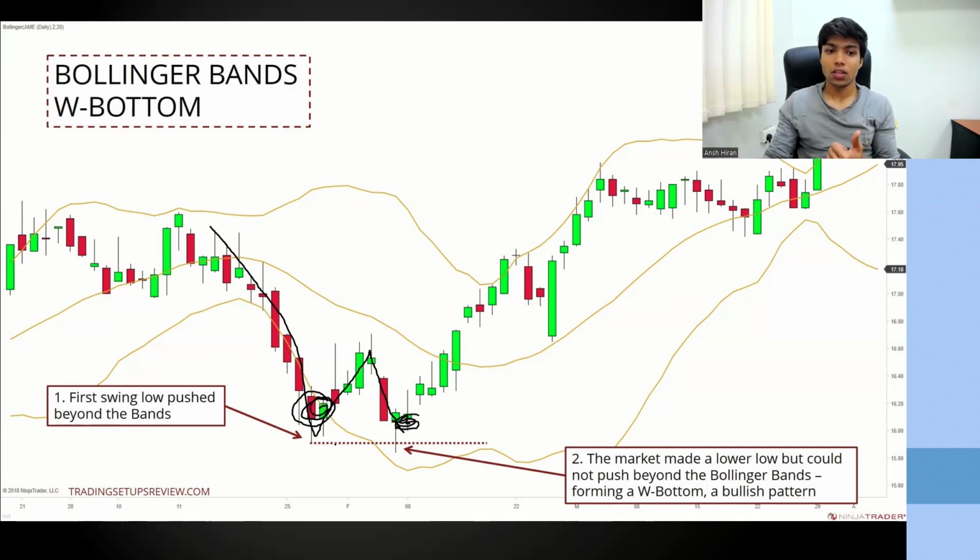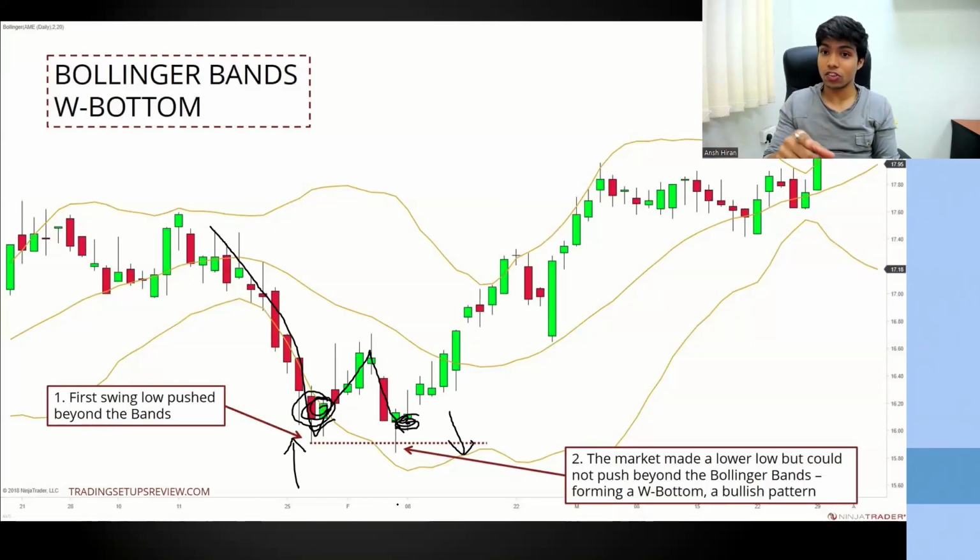This simply means that when the first bottom was formed, the volatility was very high. When the second bottom is formed, the volatility is very low as compared to this one. The price is same, volatility is different, so there is a divergence. And when there is a divergence, there comes the reversal.